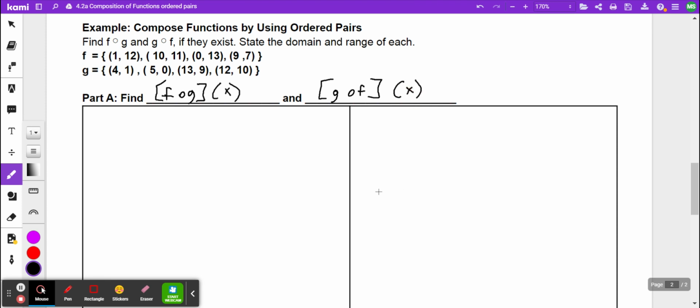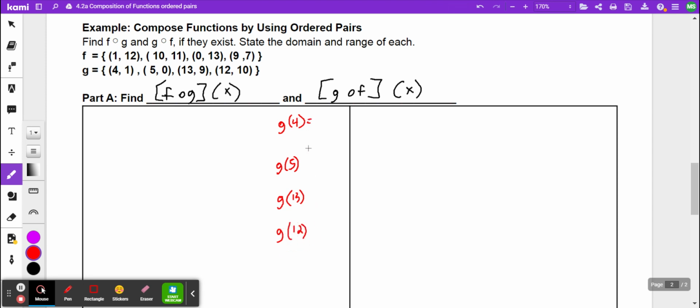All right, well, we're pretty much going to take each of the g answers right here. So we might want to do it right now. So if we have g of 4 and g of 5, and g of 13 and g of 12.